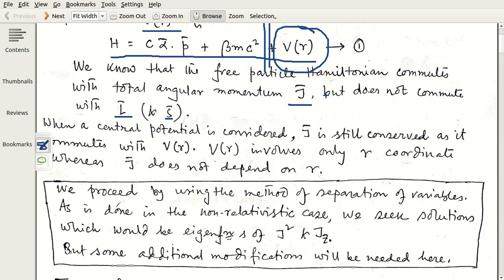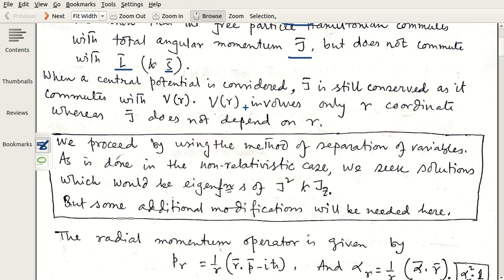Now, when we consider a central potential V(r), we see that this potential has no dependence on theta and phi. So V(r) depends on only r and has no dependence on the angular coordinates. So this V(r) will also commute with the total angular momentum.